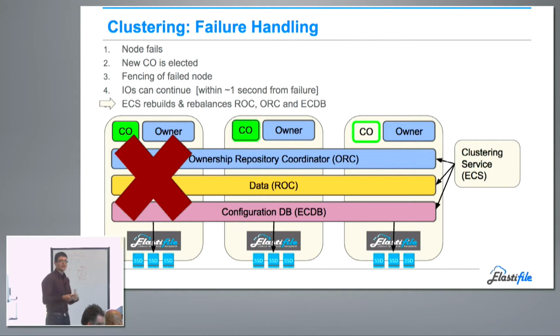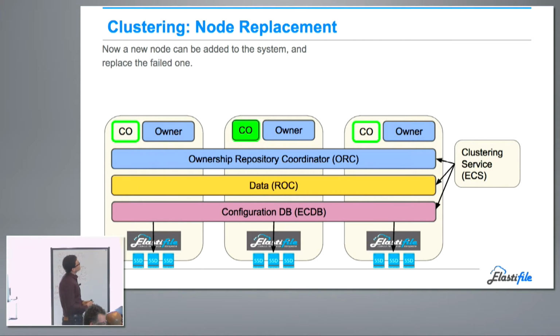We might have had 5 nodes, and now we have only 4, so it continues working. There's no problem here, but we want to bring it back to 5 so we can support additional failures, and the same for ECDB. And then we can replace the node, and it will be added to the system and rebalanced, and of course we can add nodes and remove nodes also without failures.